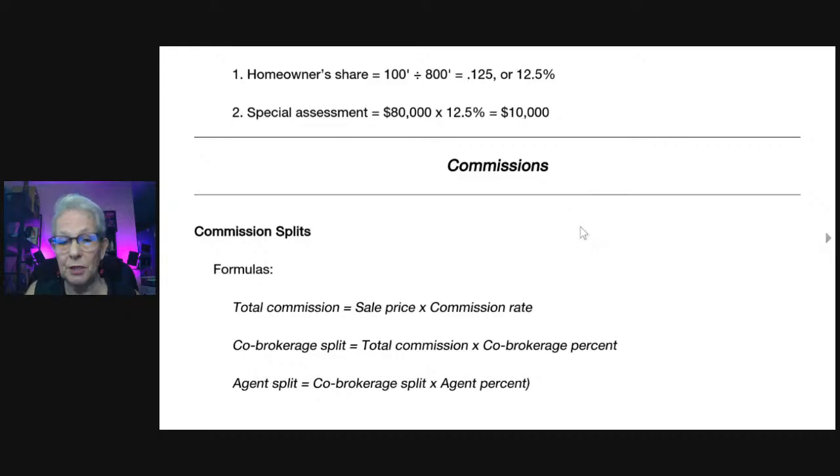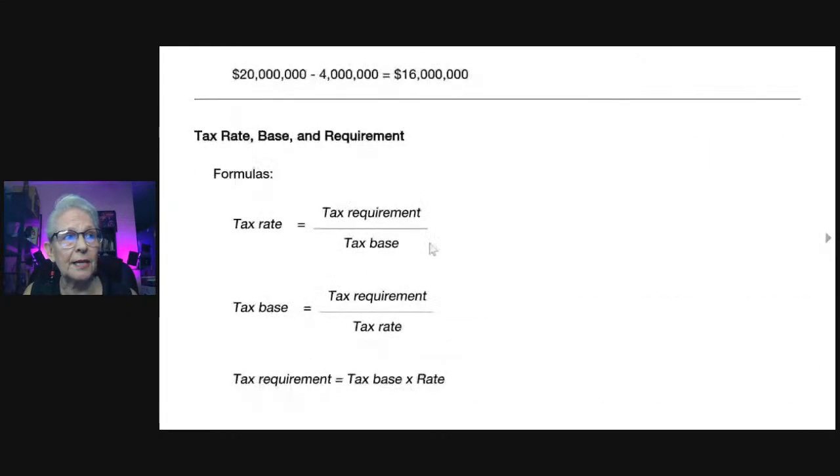So commissions now. So that's it for taxation. Taxes are based on rates, okay? And the base, which is the original amount minus any exemptions, as I mentioned, homestead exemption, disability exemption, 65 and over exemption, and there are others.